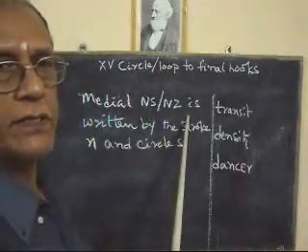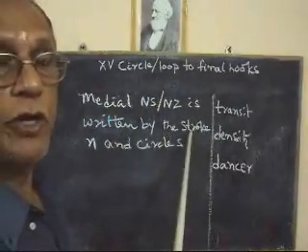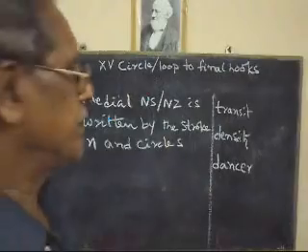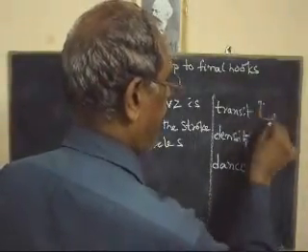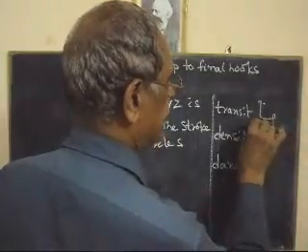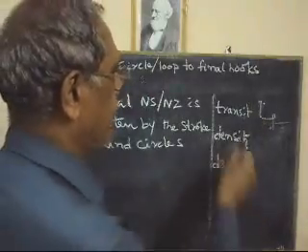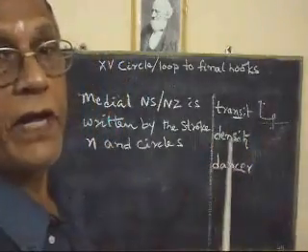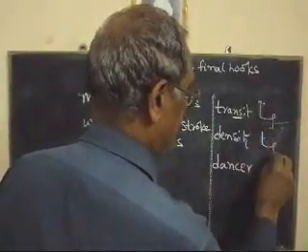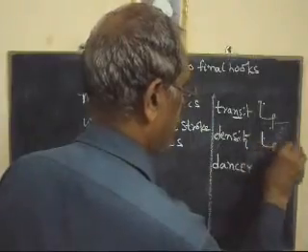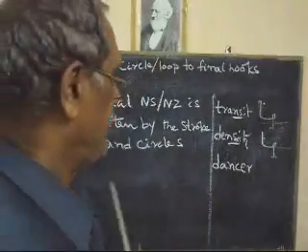Medial NS or NZ is written by the stroke N and circle S. Transit, medial NS. Density, it is occurring medially.